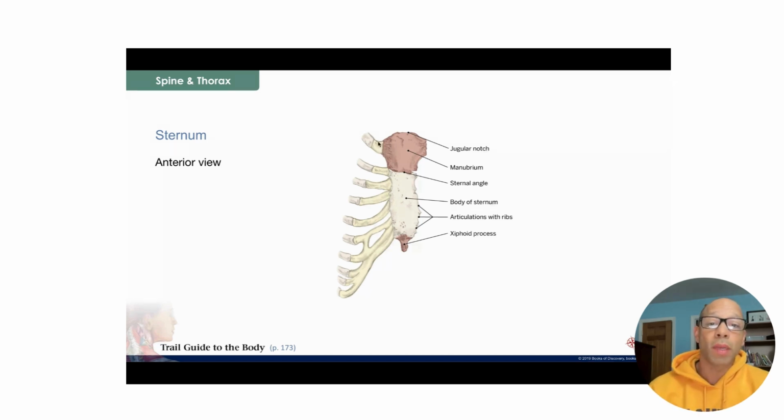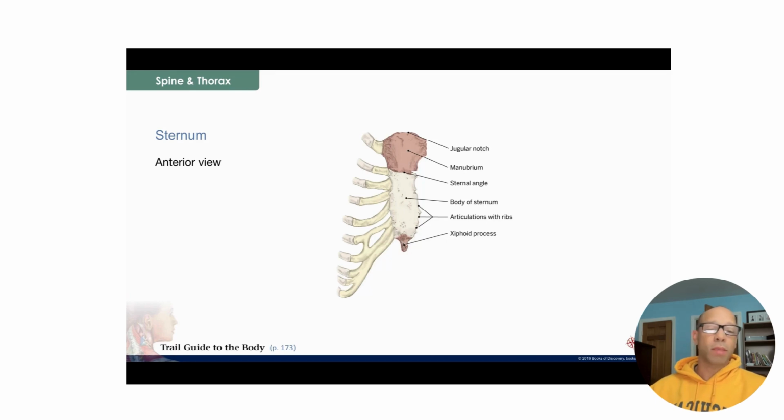That is this rib that's rotating up and down on this notch here, actually. It's not a great picture of this. And then if you go below, you've got the body of the sternum. This is long and flat. And then the xiphoid process, which is sometimes called the floating xiphoid process.